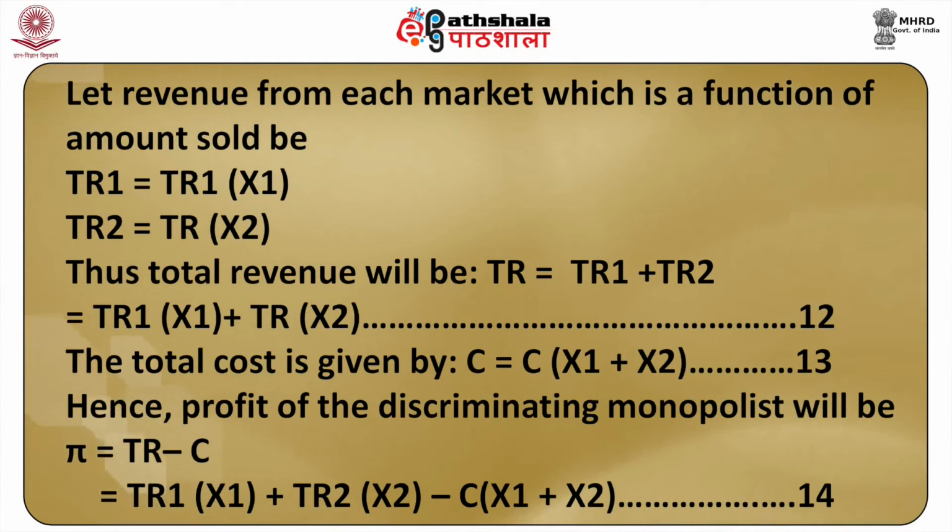The total cost is given by C is equal to C into X1 plus X2. Hence, profit of the discriminating monopoly will be pi is equal to TR minus C, which is equal to TR1 into X1 plus TR2 into X2 minus C into X1 plus X2.